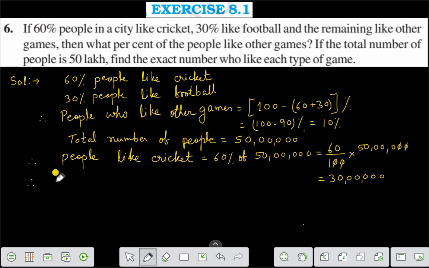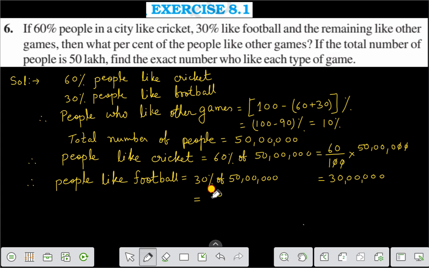Now people who like football is equal to 30% of 50 lakh, that is equal to 30 by 100 into 5, 0.